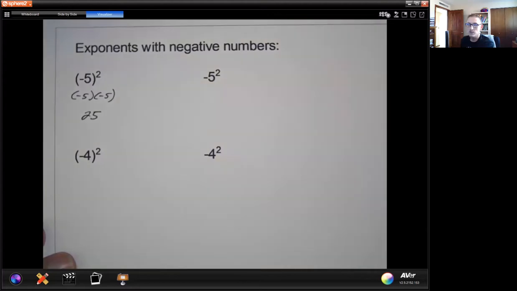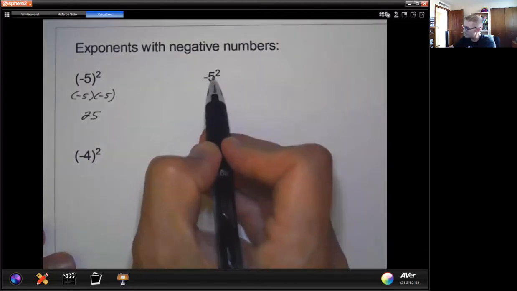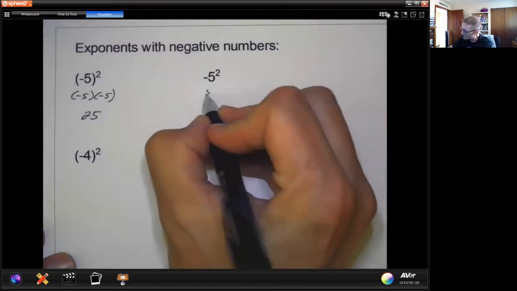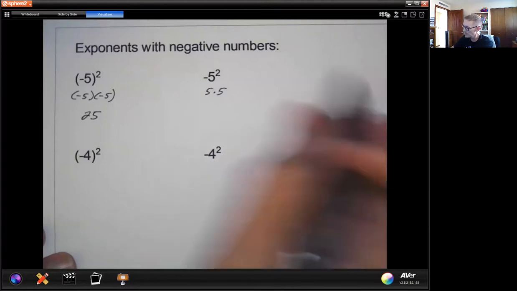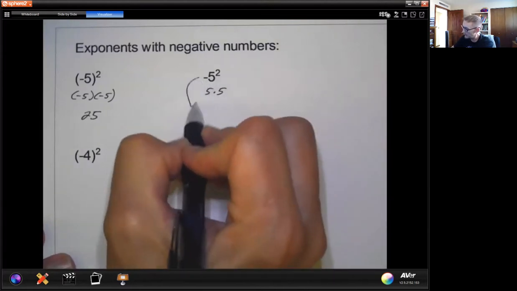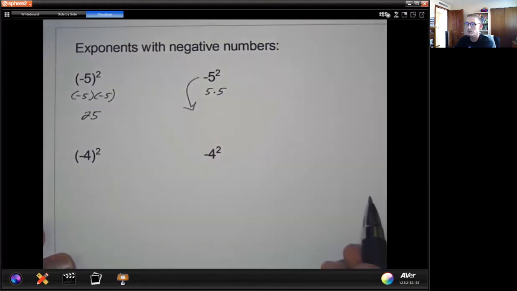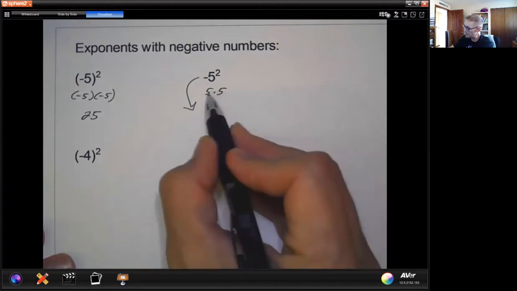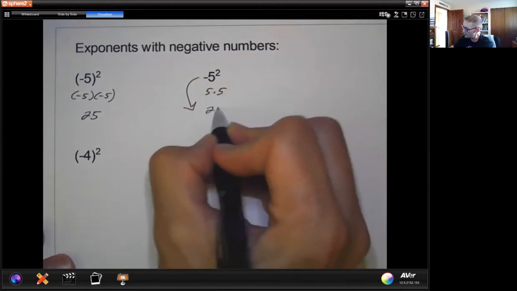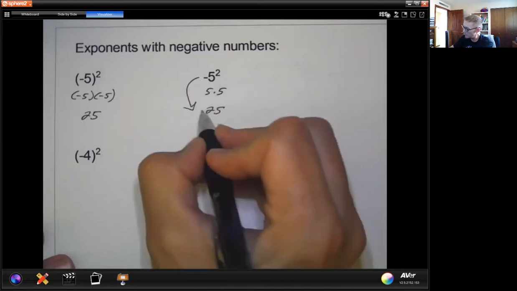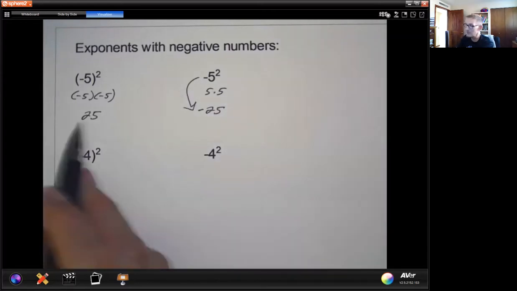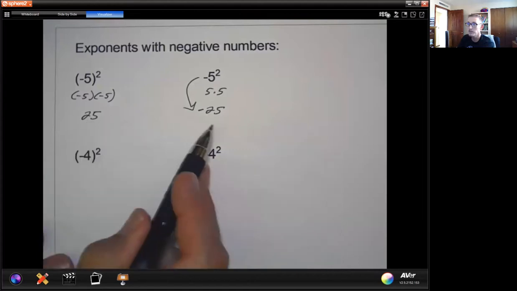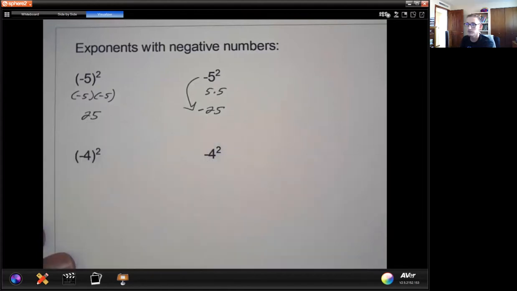If the exponent does not touch parentheses and is only touching the 5, then it means that I have 5 times 5 twice, and the negative sign is going to wait for it in front. So the 5 times the 5 is 25, but the negative sign is waiting for it in front. So the difference is this answer was positive, this answer was negative.